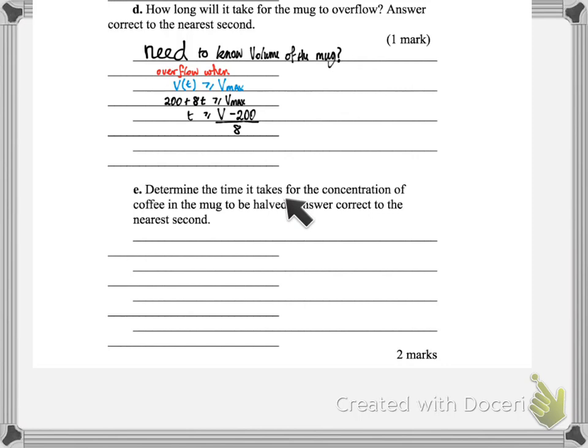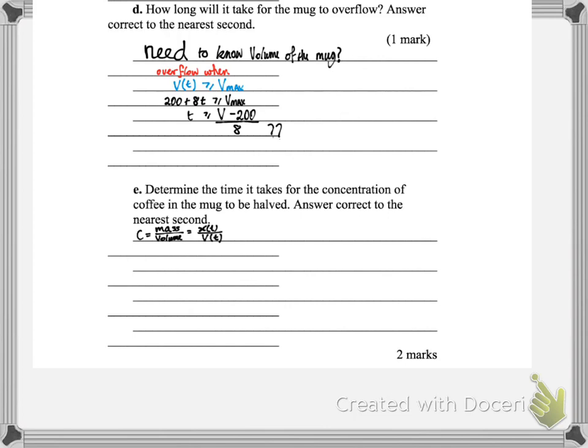Determine the time it takes for the concentration of coffee in the mug to be halved, correct to the nearest second. Okay, so concentration. Concentration again is mass divided by volume.